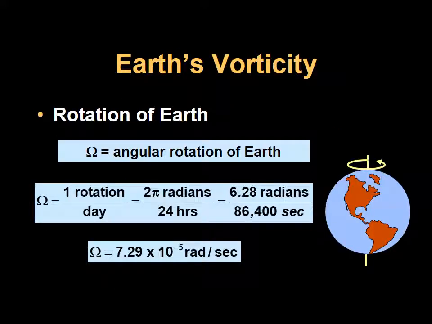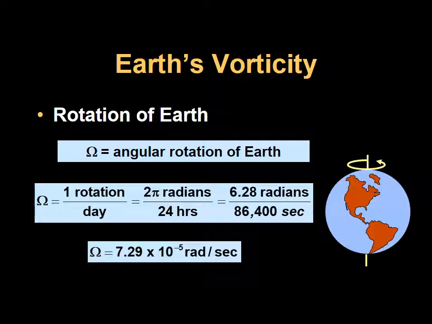To get a handle on how fast the Earth is spinning, we know that the Earth rotates once in a day, and one rotation is 360 degrees, or in terms of radians, it would be 2 pi. That's from math.